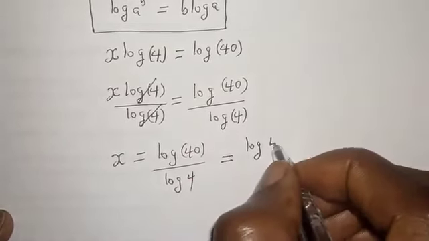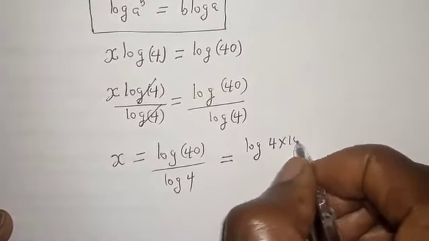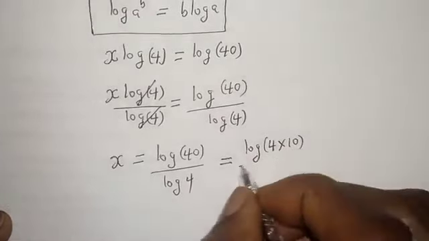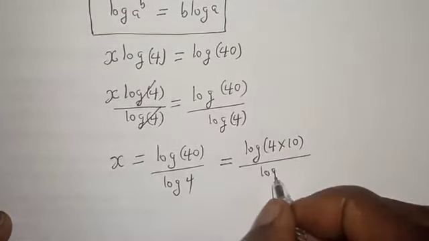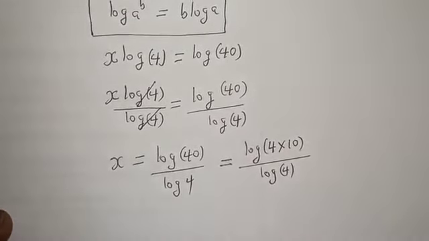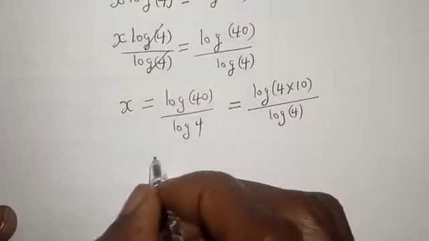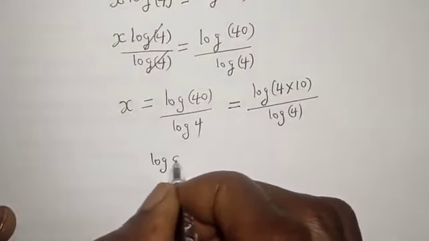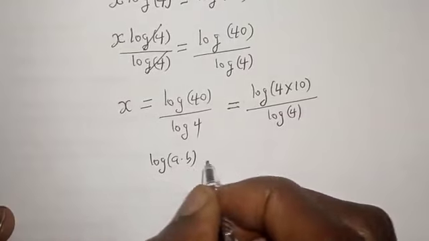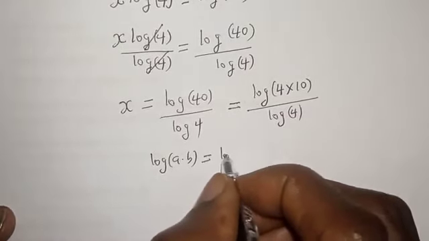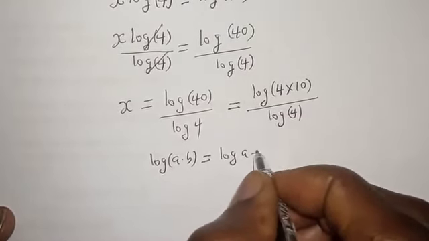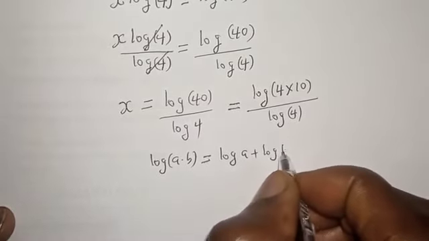log 4 multiplied by 10 over log 4. If you have log a multiplied by b, this is equal to log a plus log b.